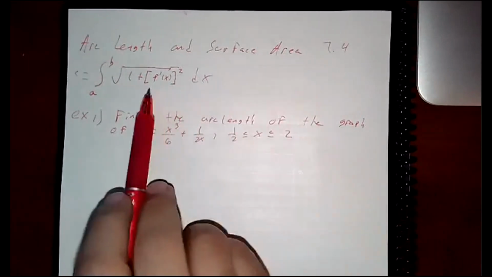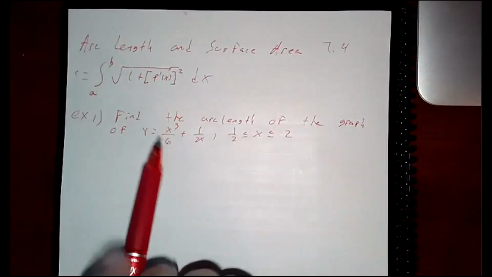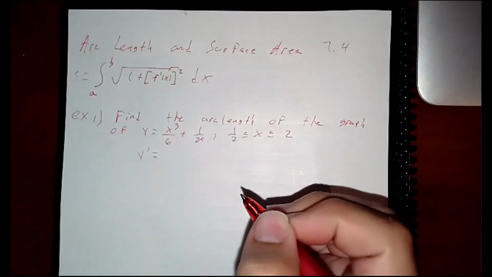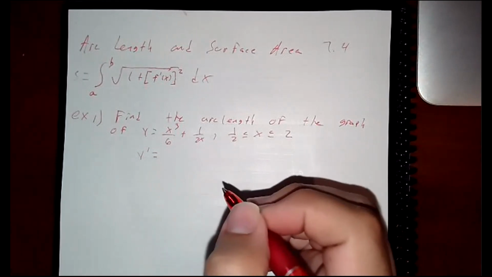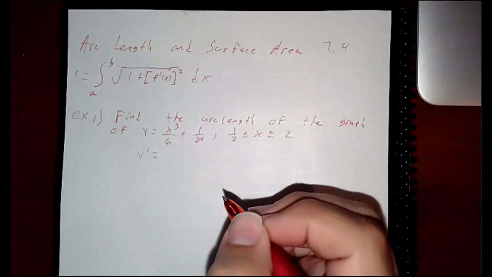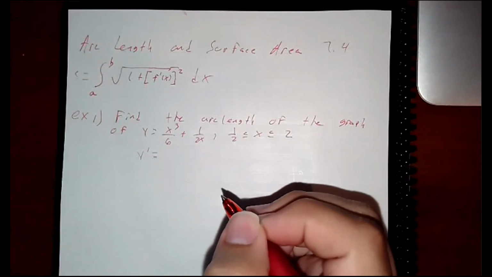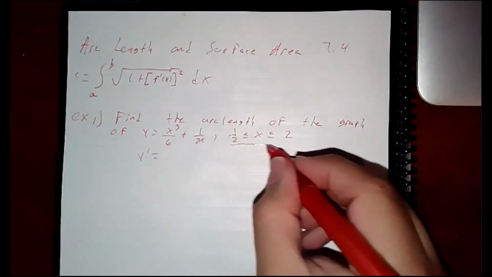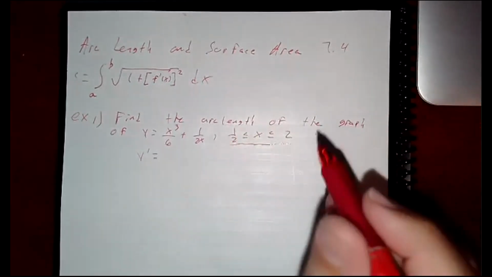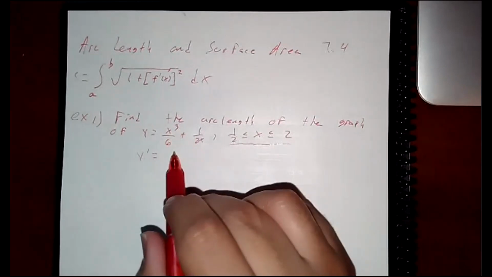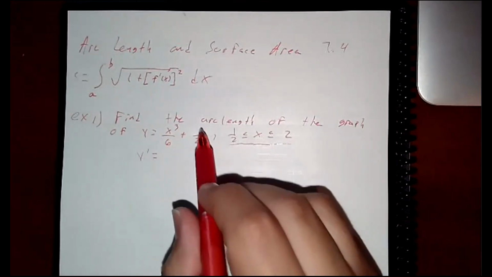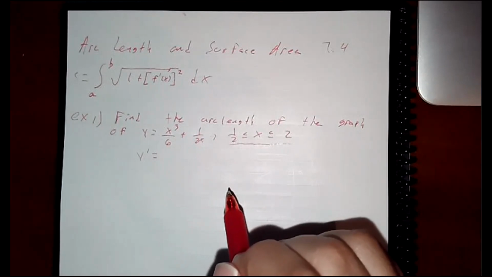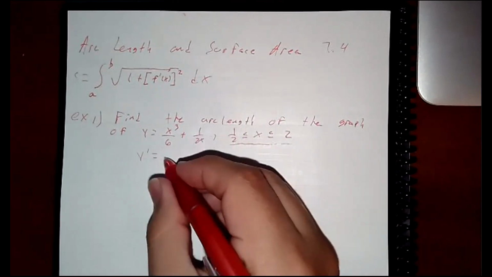But we need the derivative, right? So what is the derivative of this function? You guys are all derivative pros, right? Is that a comma in between 1 over 2x? No, that's the distance. X cubed over 6 plus 1 over 2x. Wouldn't the first term be x to the power 4 over 4 times 6?